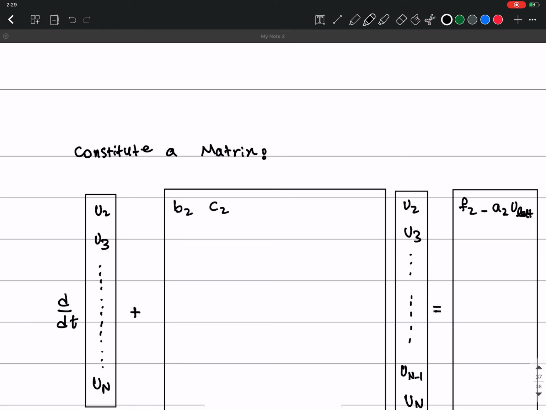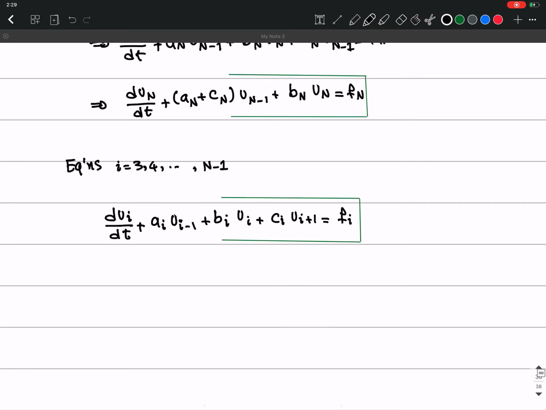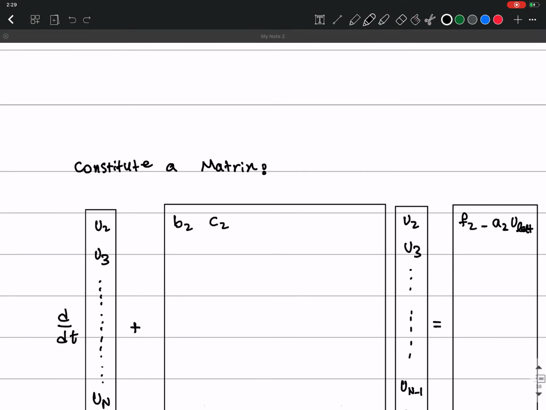Okay. So let's look at the second equation. It is going to come from here. So we have du3 over dt plus a3u2 plus b3u3 plus c3u4. So I have du3 here over dt, plus the next terms a3 u2, b3 u3 and c3 u4, and then the next terms are going to be 0.